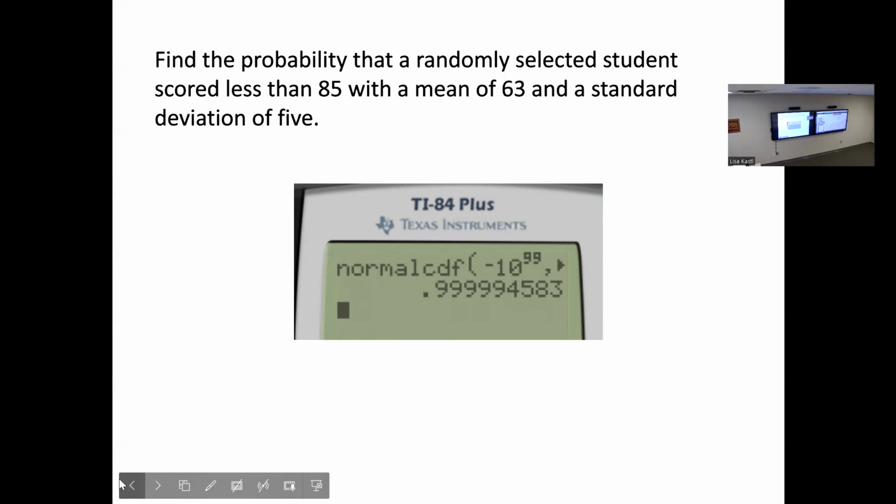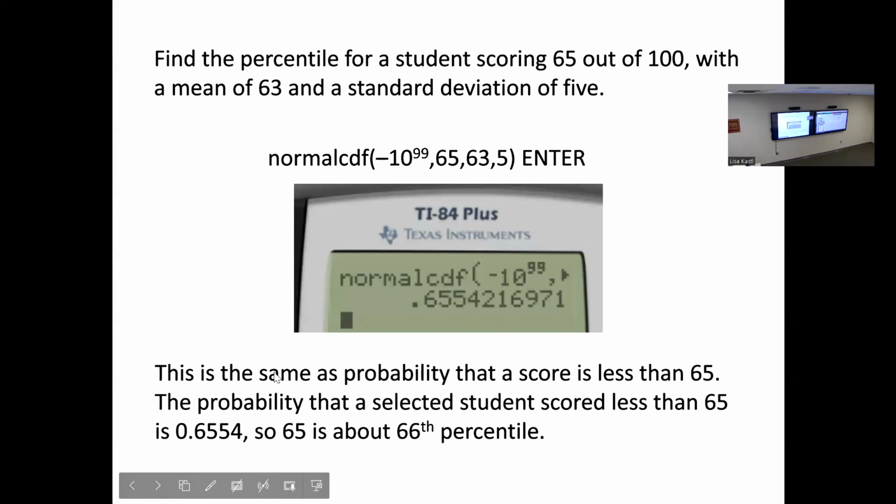The percentile for 65 is around 66. So the score of 65 is the 66th percentile. They're just kind of coincidentally close in value. But the score 65 is the 66th percentile.